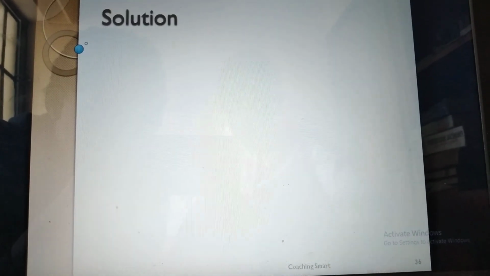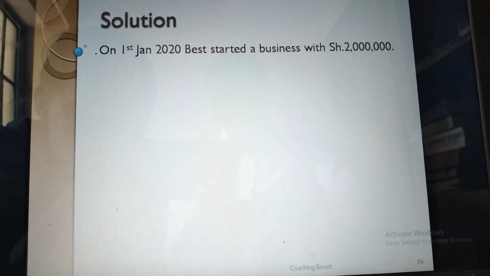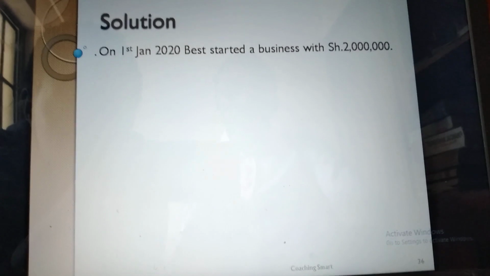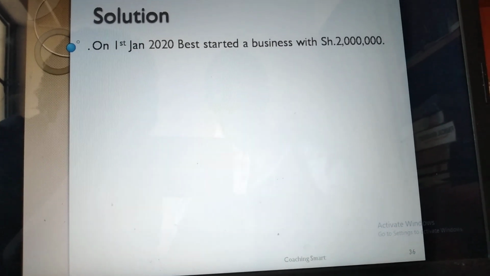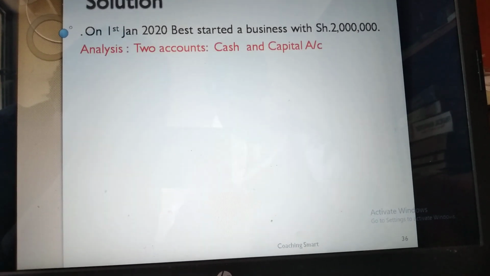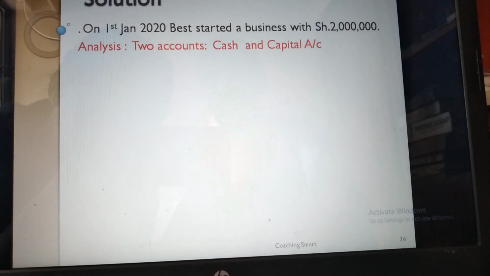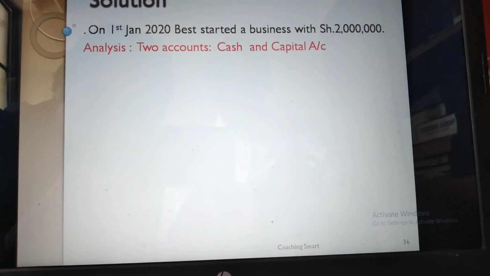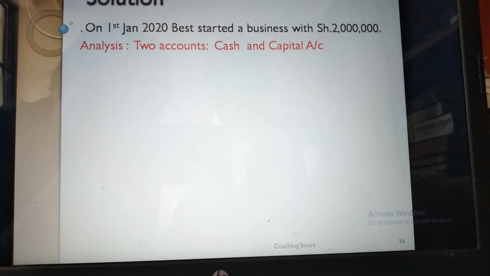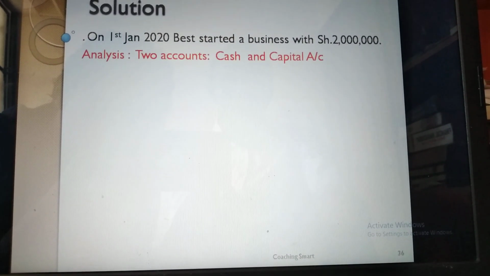Now we start with the first transaction. On 1st January 2020, Best started business with shillings 2 million. Here, the first thing to do is analyze. When we do our analysis, there are 2 accounts involved in this transaction: 1 is cash account, 2 is capital account.